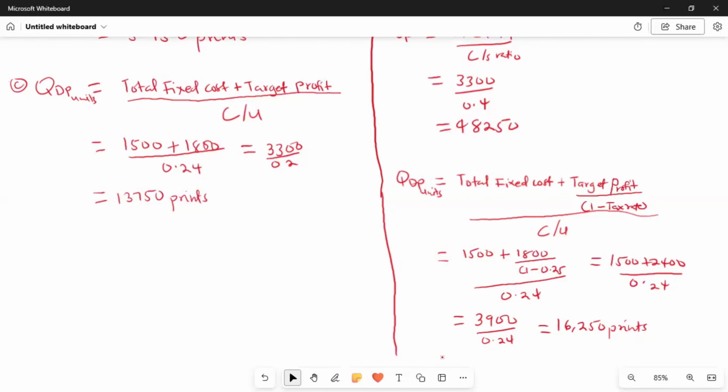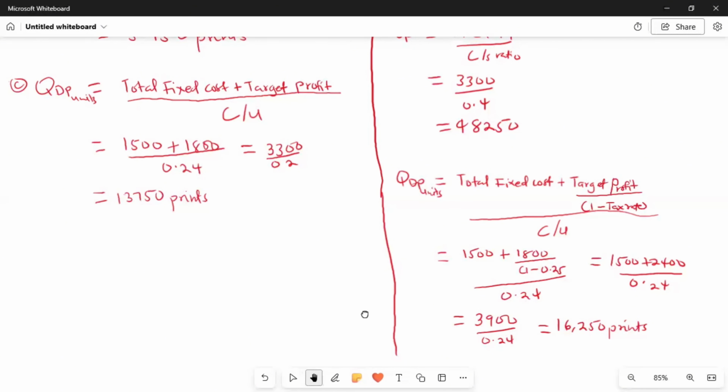But when you look at the before tax of 1,800, then we are going to sell 13,750 prints. But if you want to get 1,800 after tax has been deducted, then you have to sell more. So this time I'm going to sell 16,250. So that's the unit.